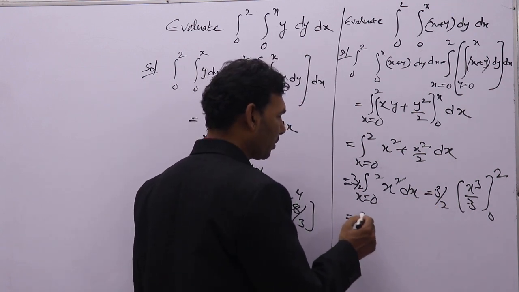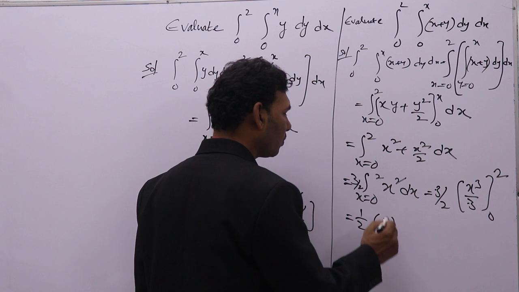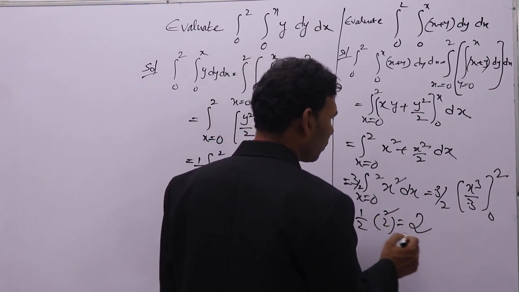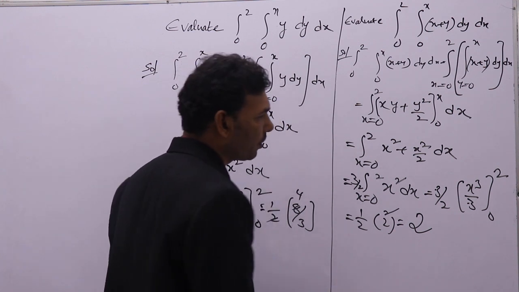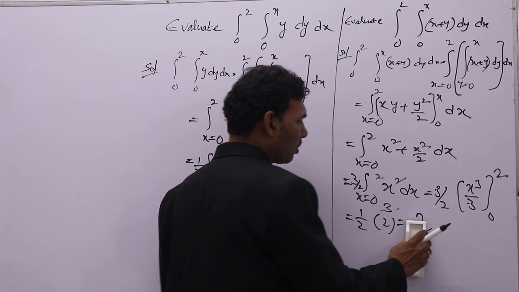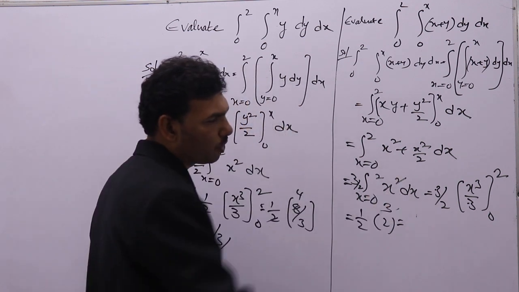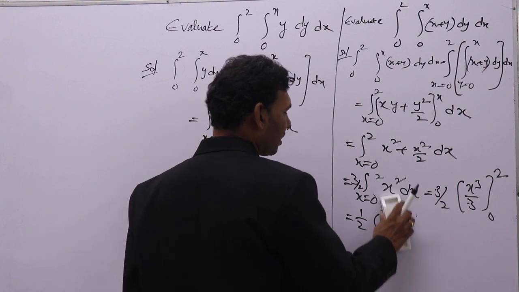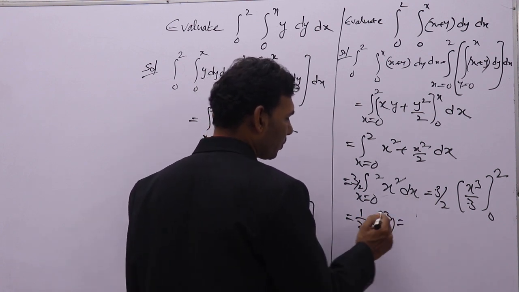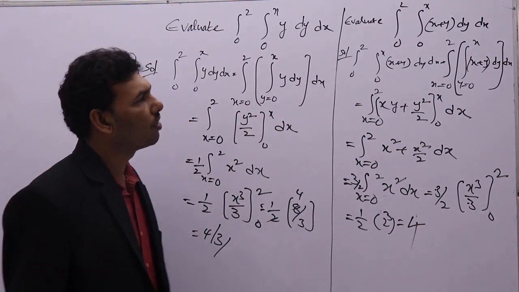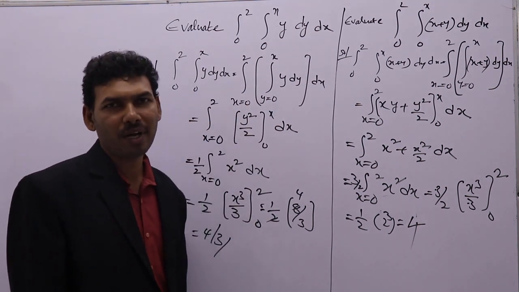What is remaining? 1 by 2 into 2 cube, the 1 by 2 gets cancelled with a 2, and 2 square you will have. 4 is the answer. Clear?